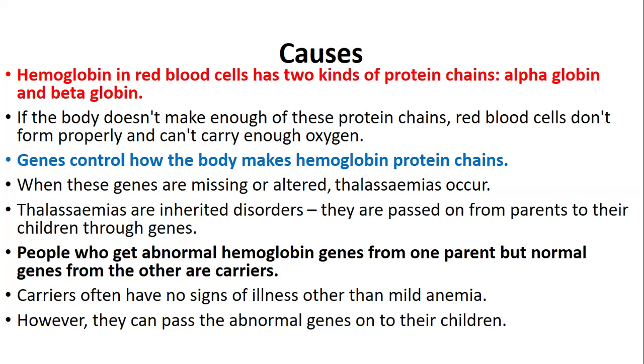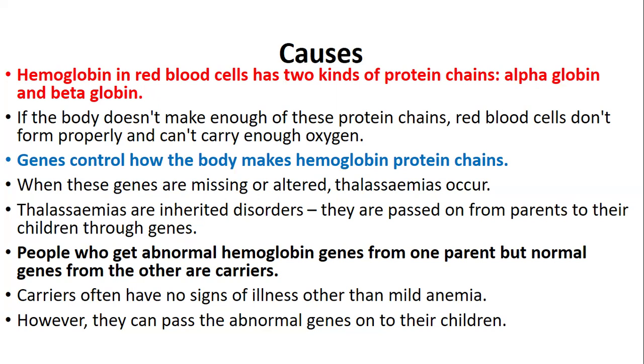This is genetically controlled, because these cells are genetically controlled in the way that they are made. So if there is a defect in the alpha chain when making these cells, this person is likely to develop alpha thalassemia. And if it happens in the beta chain, the same happens.